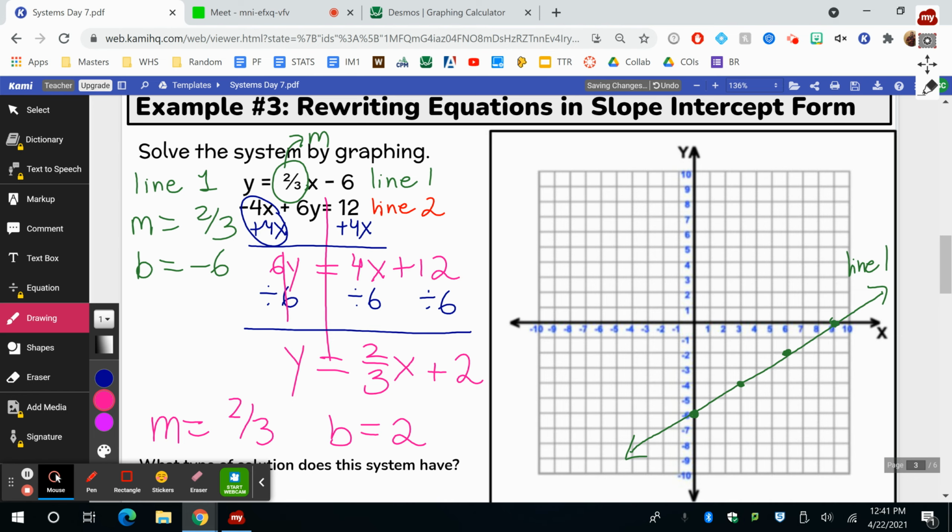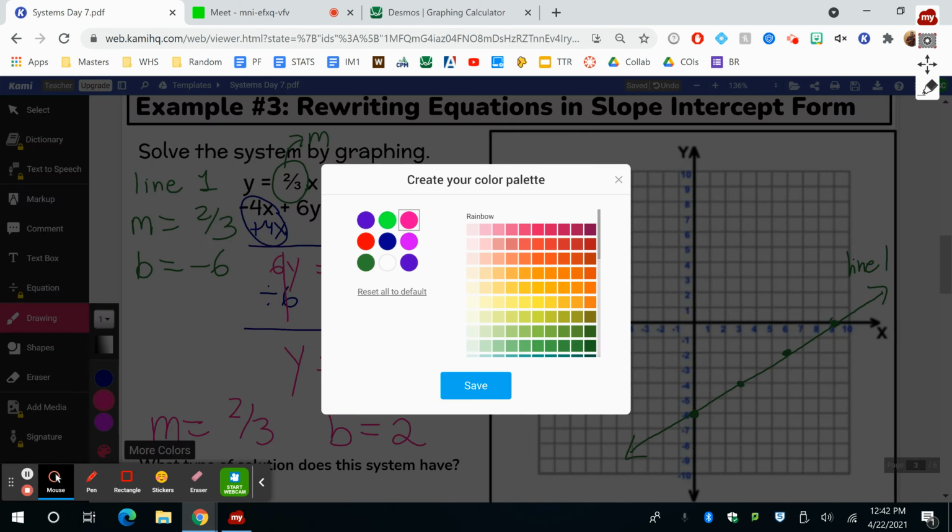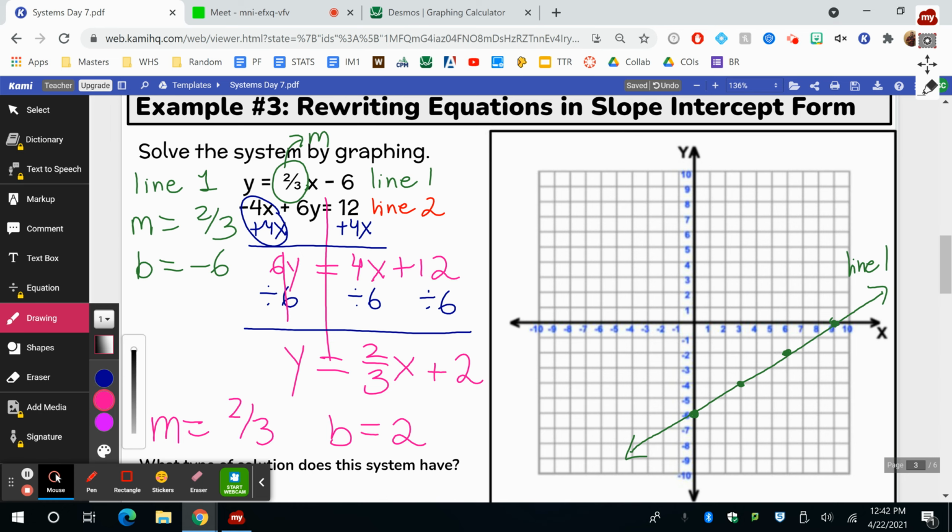So at this point, all I have to do now is graph my line. The y-intercept is 2 and my slope is 2 over 3. So I'm going to go up 2 over 3, up 2 over 3, up 2 over 3.